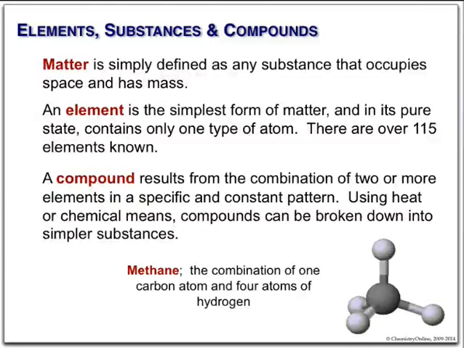And this one, this is methane, natural gas. This not only has a fixed ratio of carbon to hydrogen, but it has a fixed spatial geometry. All methane looks like this. In organic, we'll see that this is called a tetrahedron. The carbon is in the middle. All these bonds are the same. Methane, natural gas, is a compound.